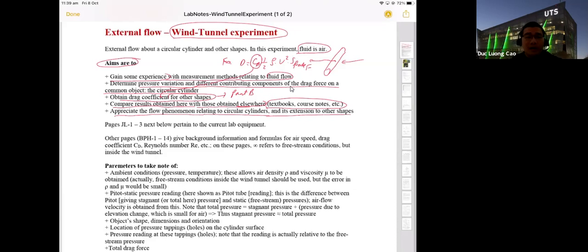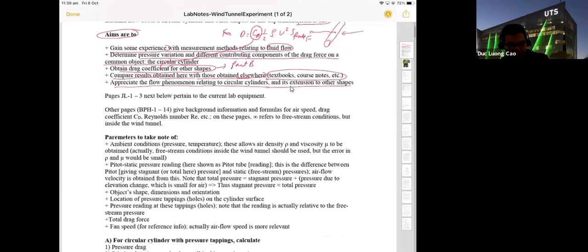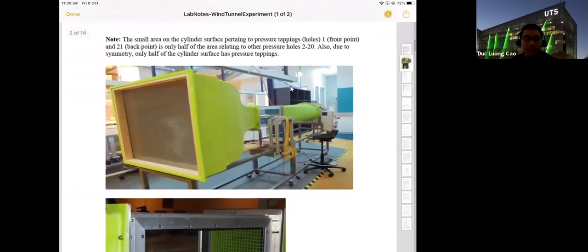Now I will introduce the test rig, or the test system. This one is the wind tunnel. You can see it at basement 4, building 11, UTS. Airflow comes in through a big inlet here and goes through a chamber.